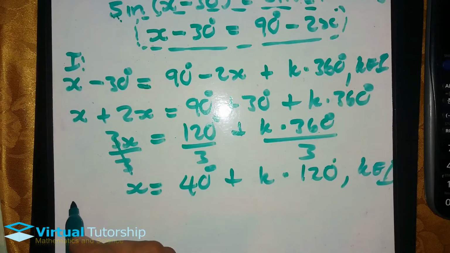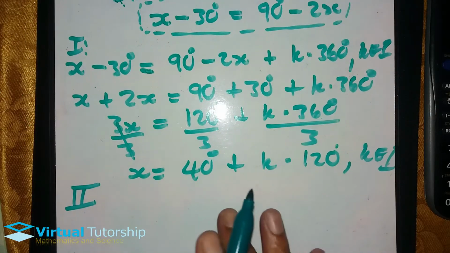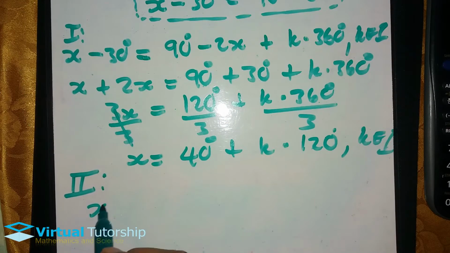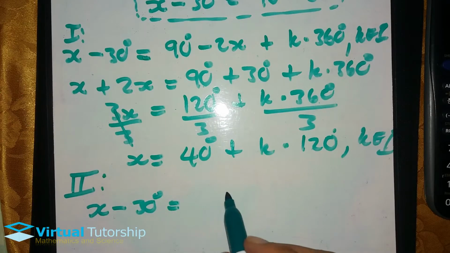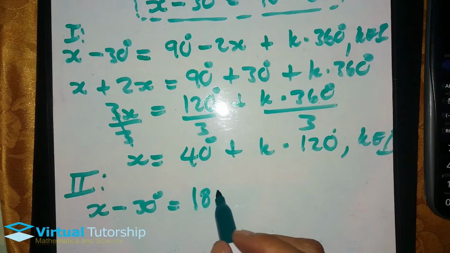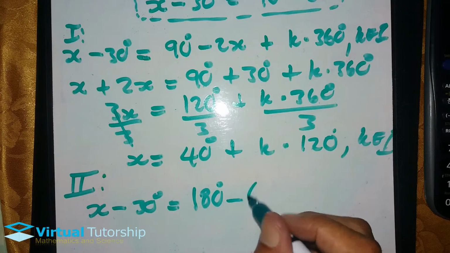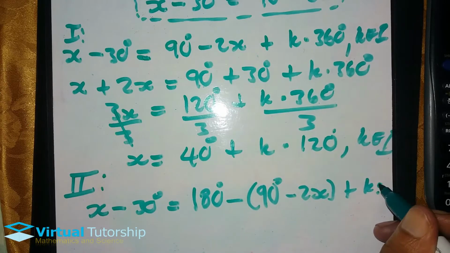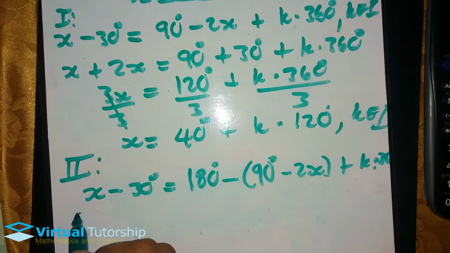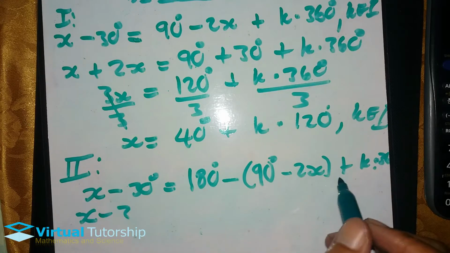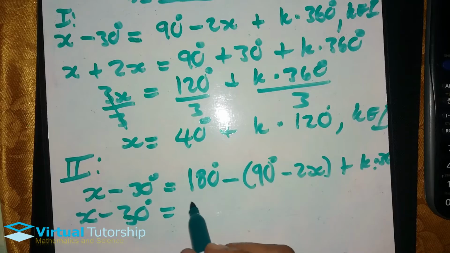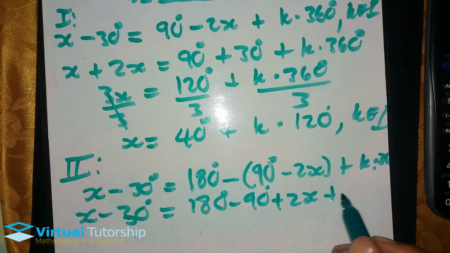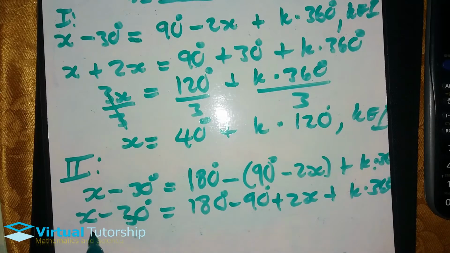Right? So as well as in the second quadrant, where sine is positive. So it's going to be x minus 30 degrees equal to 180 minus 90 degrees minus 2x plus k times 360 degrees. Right? So here we simplify, we must start with the bracket. It's 180 minus 90 plus 2x plus k times 360.